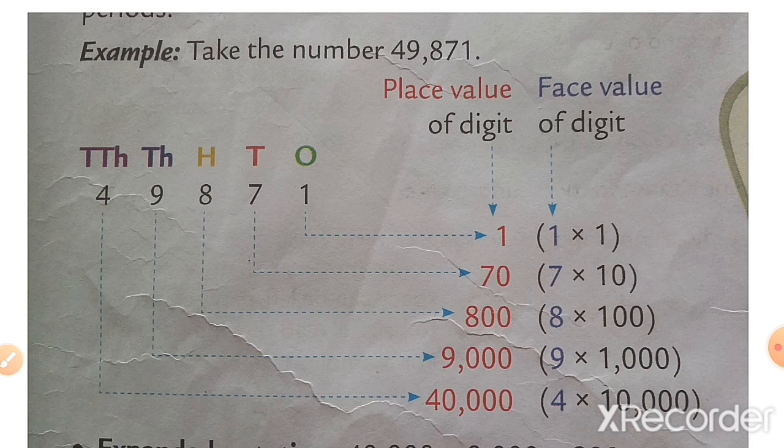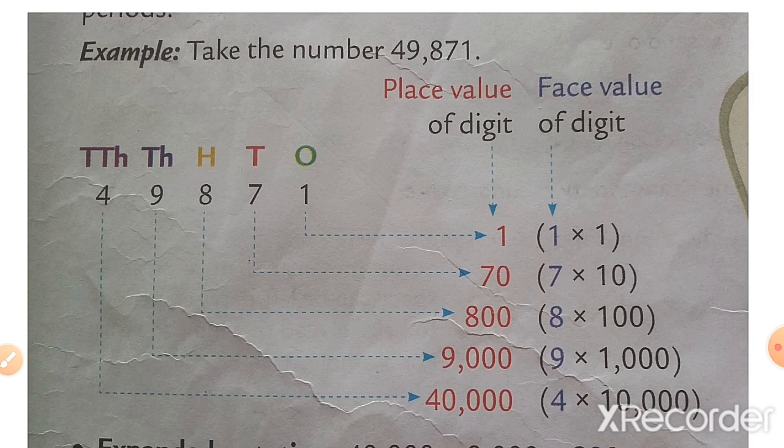So what will be the place of 1? It is ones. So you have to multiply 1 into 1. The place value will be 1. Next, to write the place value of 7, first write the face value. So the face value of 7 is 7. What is the place of 7? It is tens.